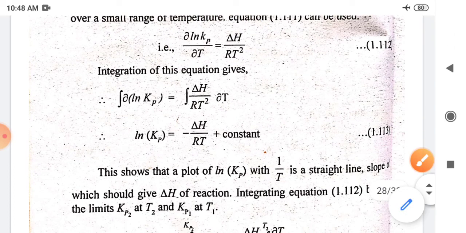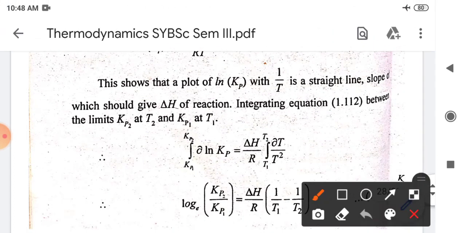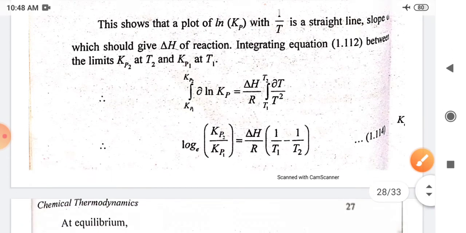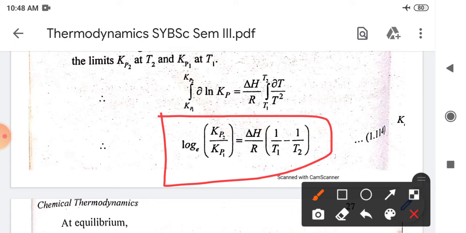Now integrating this equation within the proper limits, Kp1 to Kp2 and temperature T1 to T2, we get the same type of equation that we obtained previously for the Gibbs-Helmholtz equation, that is ln(Kp2/Kp1) = ΔH/R (1/T1 - 1/T2).